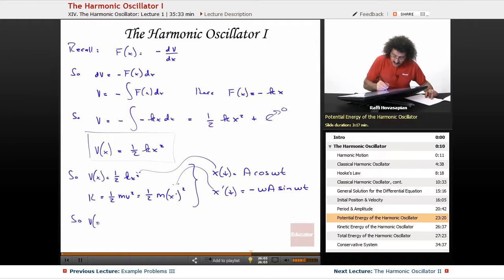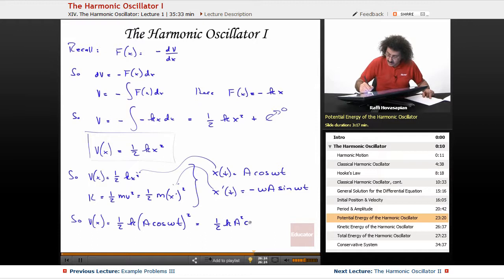So our potential energy is equal to 1/2 k times A cosine of omega t, squared, which is going to equal 1/2 k A squared cosine squared omega t. This is our potential energy of our classical harmonic oscillator.